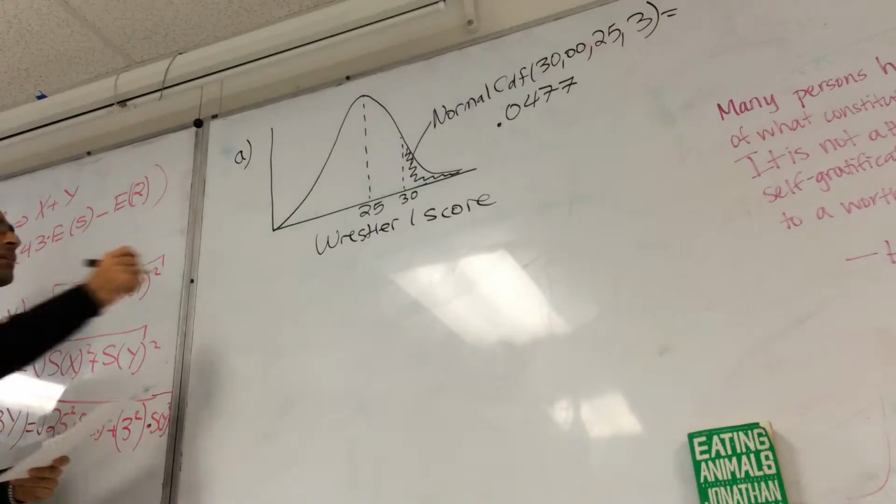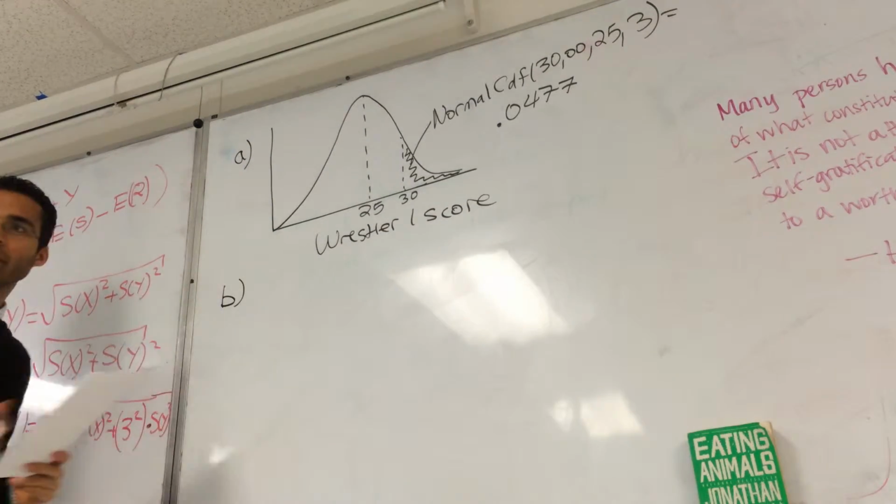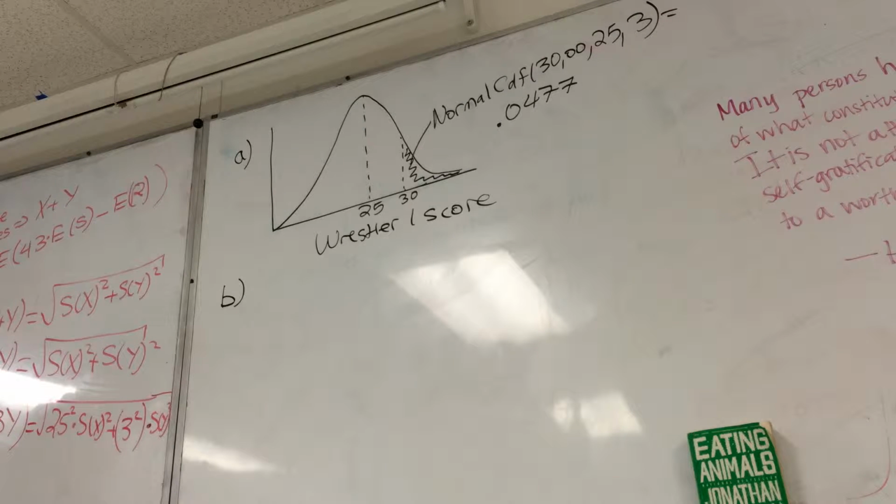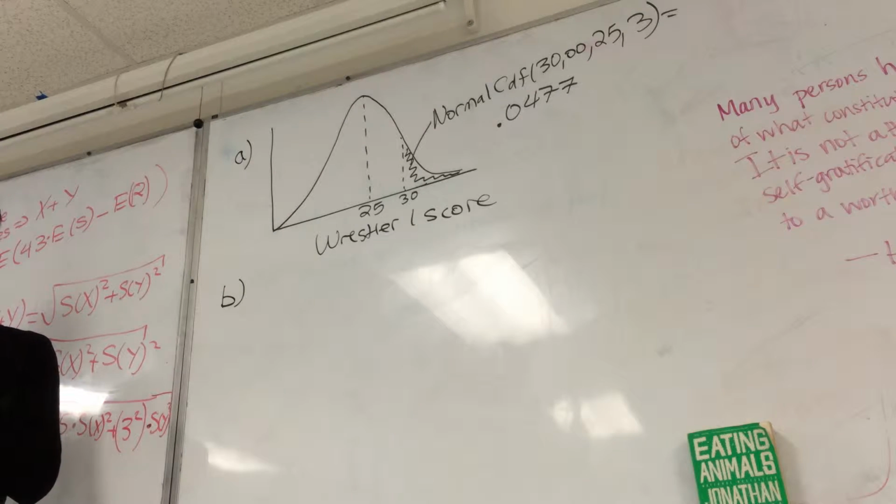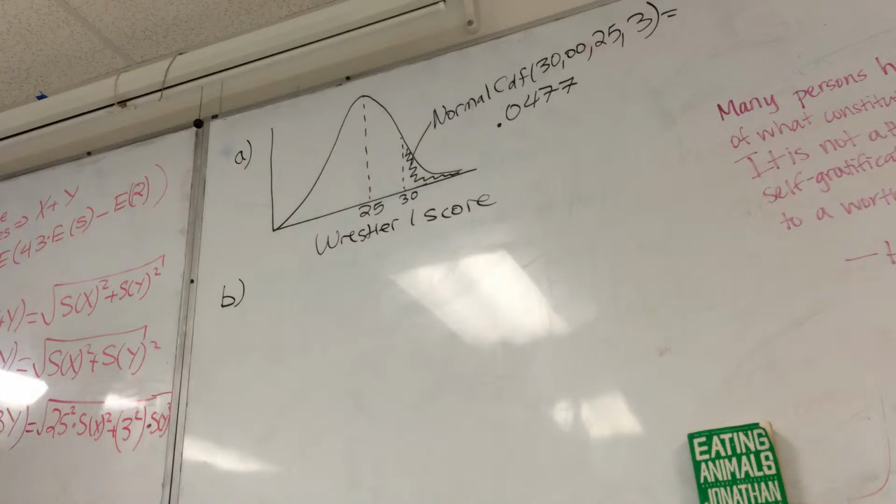Okay. Let me look at B. On B it says the second place team scored a combined score of 75. What's the probability that this team, in other words, the team we're on, wins? Well, we need to find our combined score. Our combined score will be 25 plus 21 plus 24.